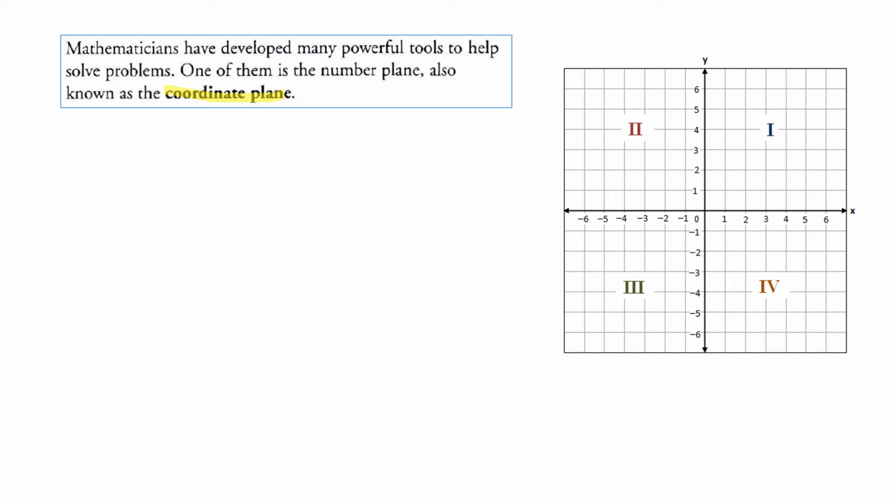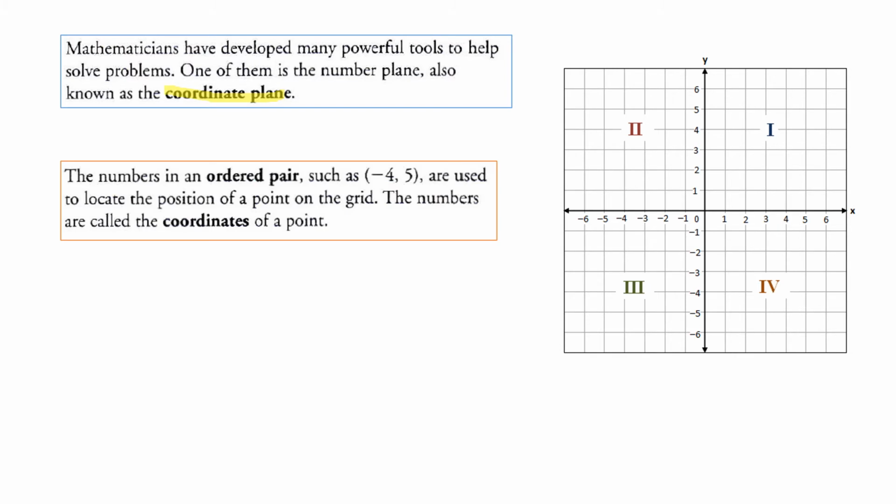So we're just going to highlight on your handout some of these definitions. That's a coordinate plane. The next little paragraph is: the numbers in an ordered pair, such as negative 4, 5, are used to locate the position of points on a grid. So we're going to highlight ordered pair. And coordinate, as I said earlier, we use both of those terms to talk about the same thing.